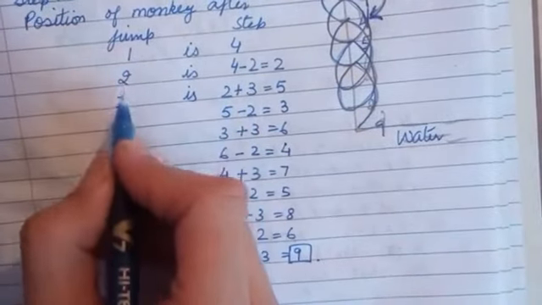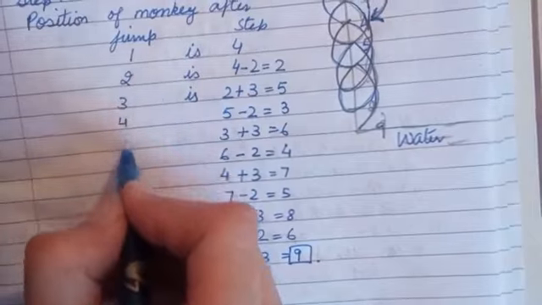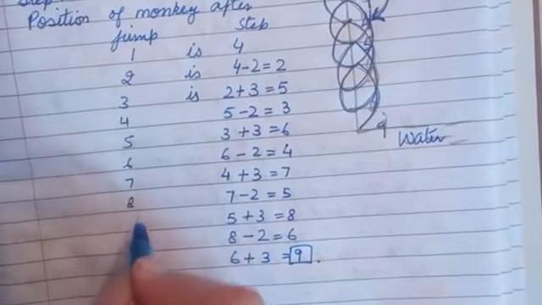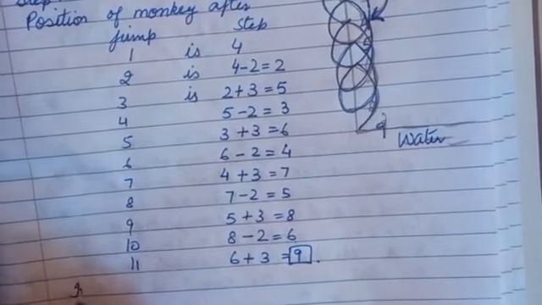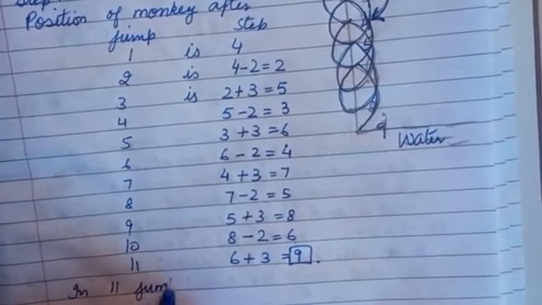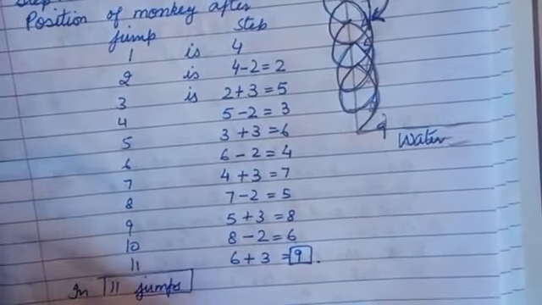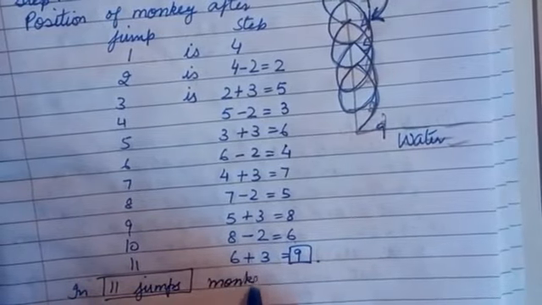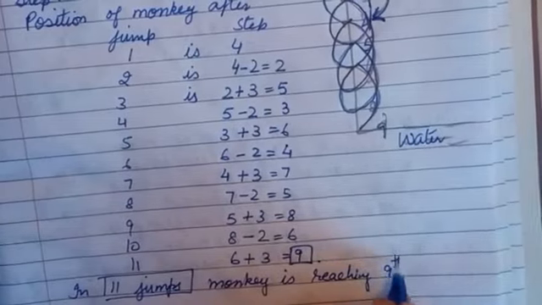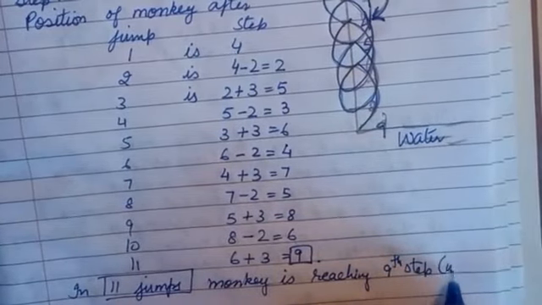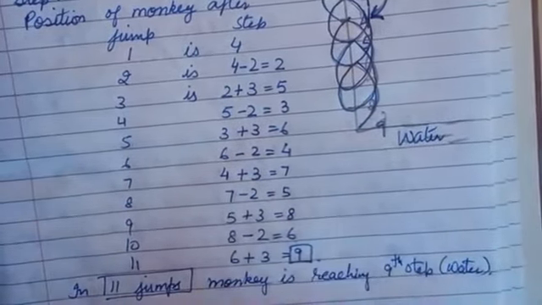First, second, third, 4, 5, 6, 7, 8, 9, 10, 11. So in 11 jumps, the monkey is reaching the 9th step, where water is there.